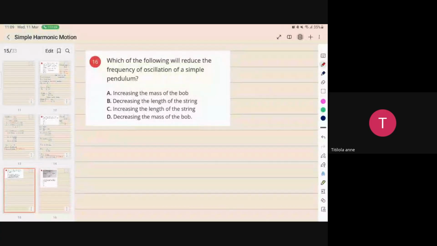What can actually affect the frequency of oscillation of a simple pendulum? Anybody? Richard said B, decreasing the length of the spring. Okay, next person, please. Increasing the length, C. Justice is going for C. Paul is going for C, increasing the length of the spring.